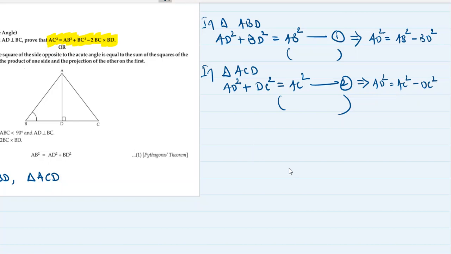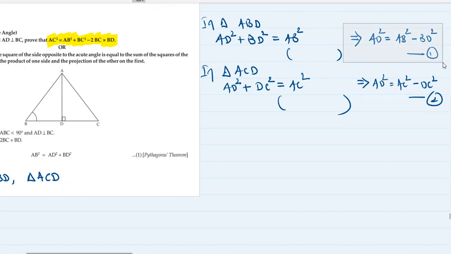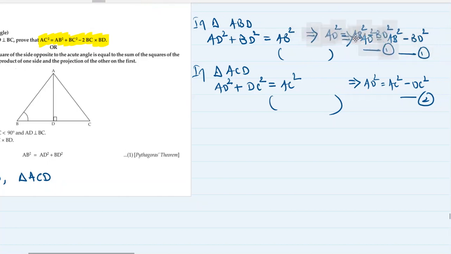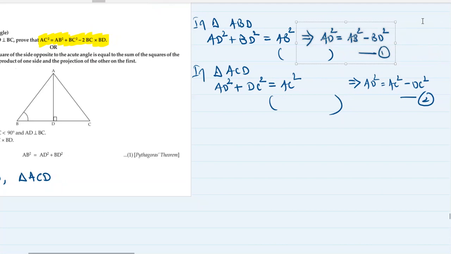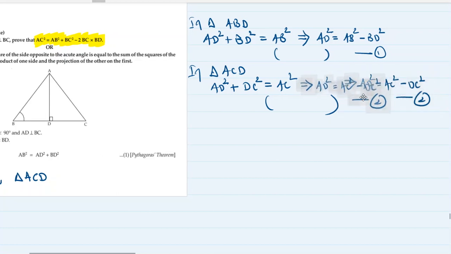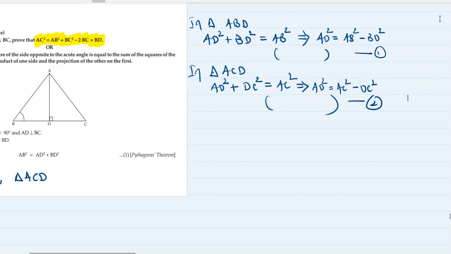Now you can equate both these equations, 1 and 2. I gave these equations numbers 1 and 2, but I would like to bring these a little closer. So AD square is AB square minus BD square and AD square is AC square minus DC square.